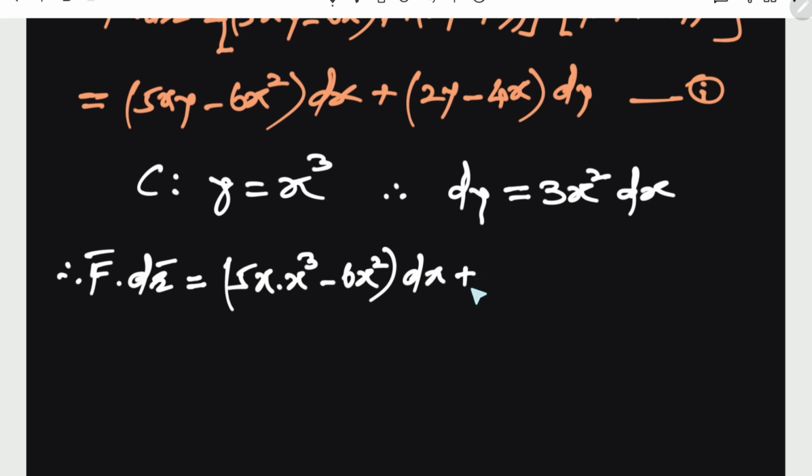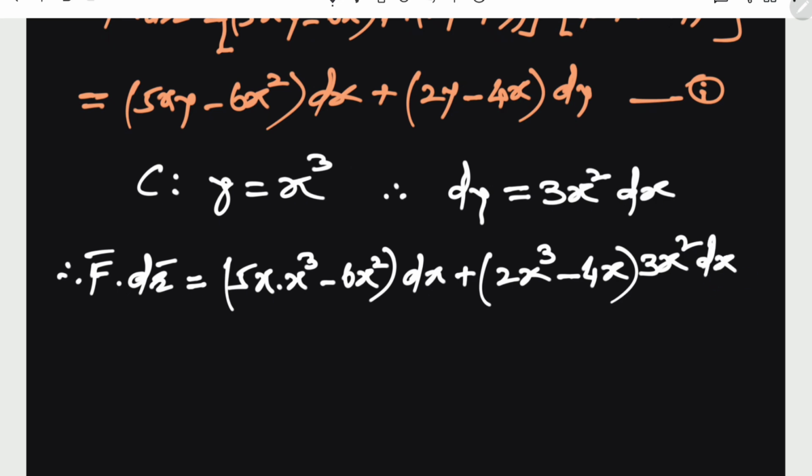Then in the second bracket it is plus 2 into x cube minus 4x into dy, where dy means 3x square into dx.